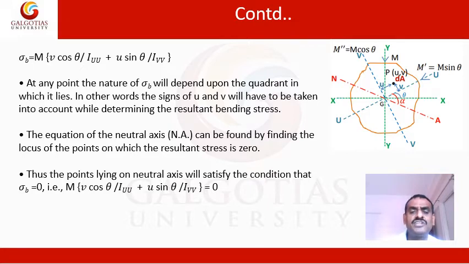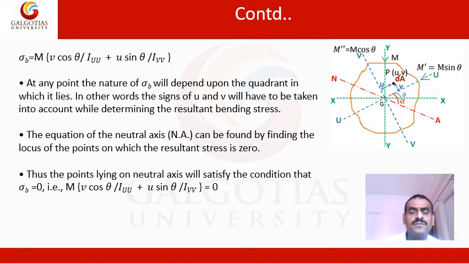The equation of the neutral axis NA can be found by finding the locus of the points on which the resultant stress is 0. So the points lying on the neutral axis will satisfy the condition that sigma b equals 0. We know that at the neutral axis the stress is equal to 0. In the case of simple bending, there will be a neutral plane, and in the neutral plane the bending stress is 0.